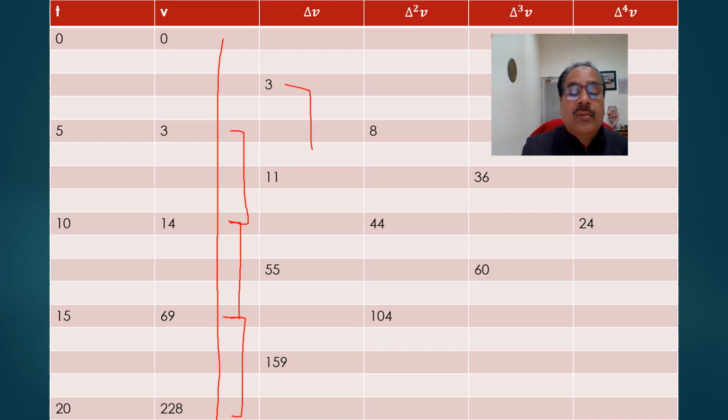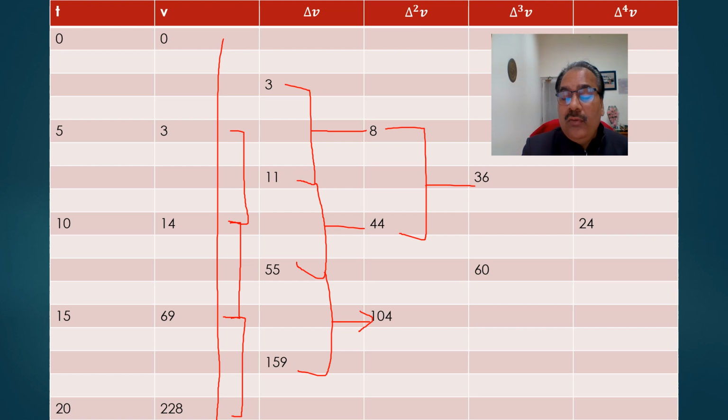Again, similarly, from here to here, you will find 8, and then from here to here, you will find 44, and then from here to here, you will find 104. And again, from here to here, you will find del cube v, third order, that is 36, and then 60. And from these two, you may write very easily, that is 24, that is del power 4 v.